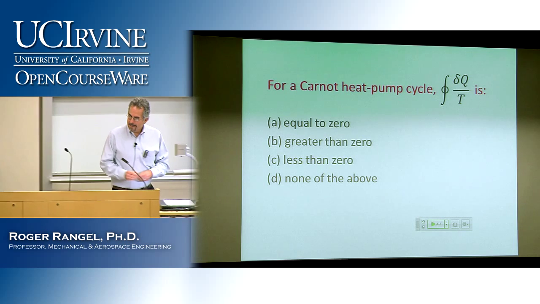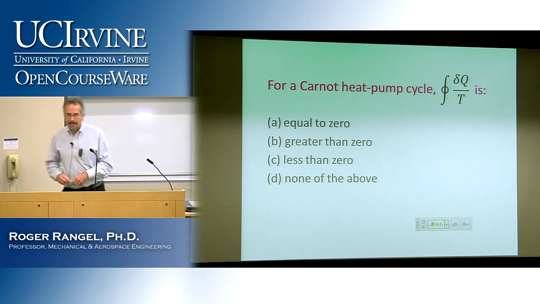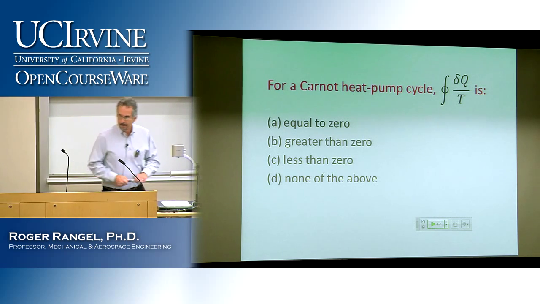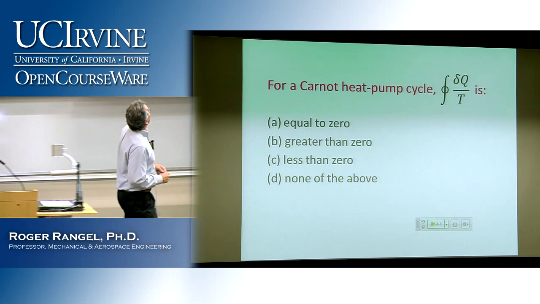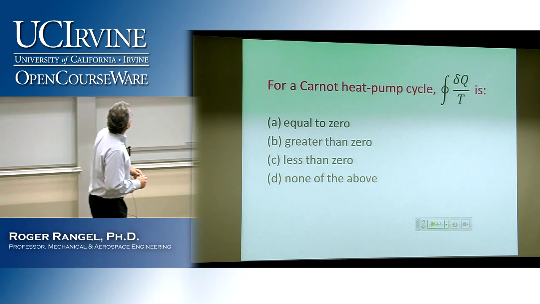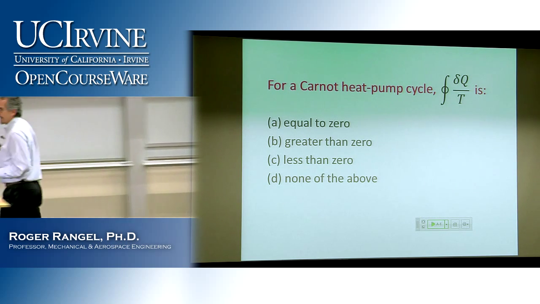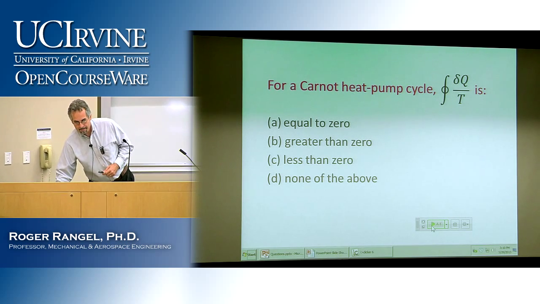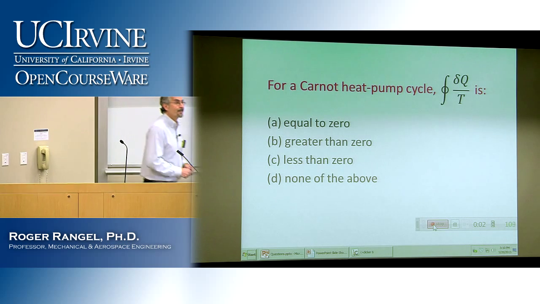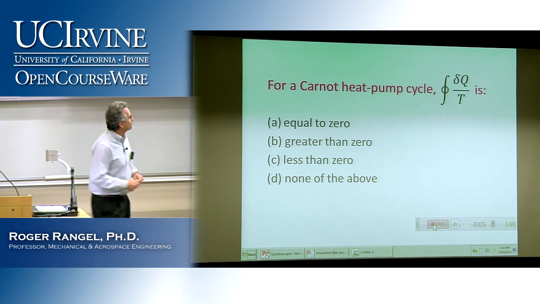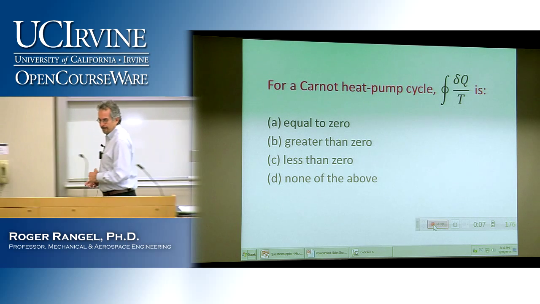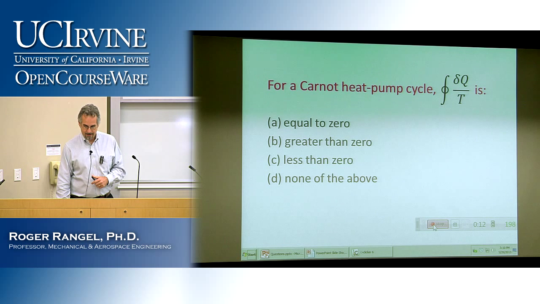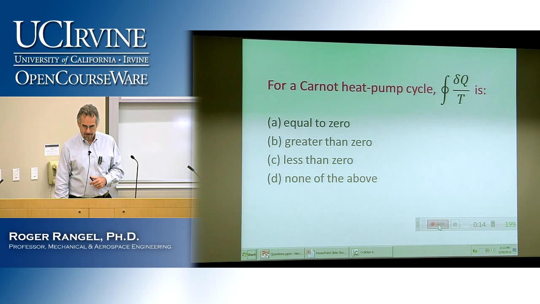All right, another one. For a Carnot heat pump cycle, the cyclic integral of delta Q over T is equal to 0, greater than 0, less than 0, or none of the above. And you can punch in. All right? 5, 4, 3, 2, 1, 0.